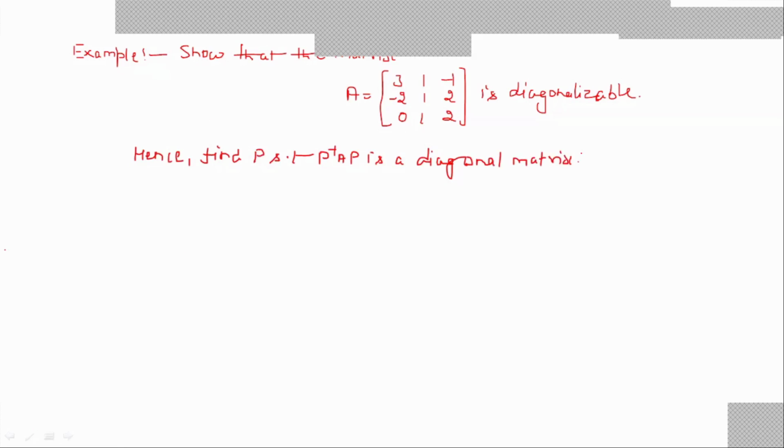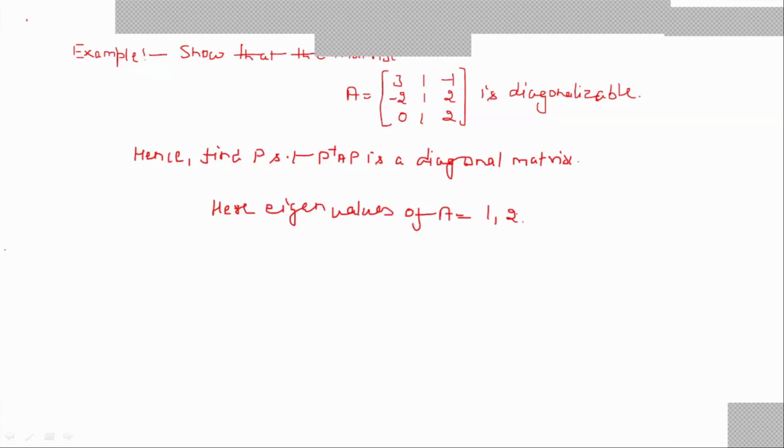So now for lambda equal to 1, what will be your eigenvector? The eigenvalues of A are 1, 2 and 3.